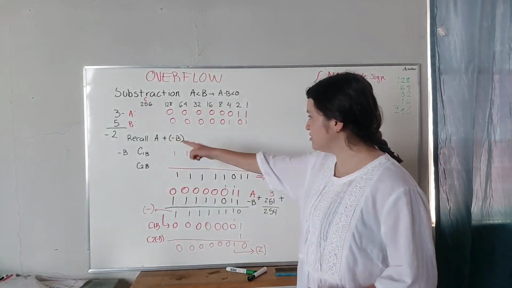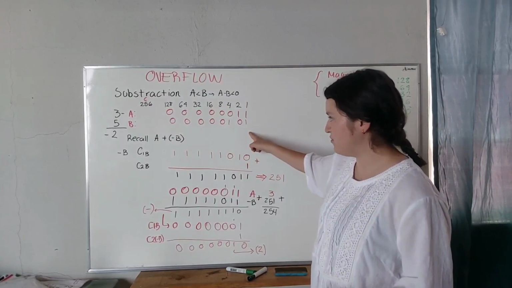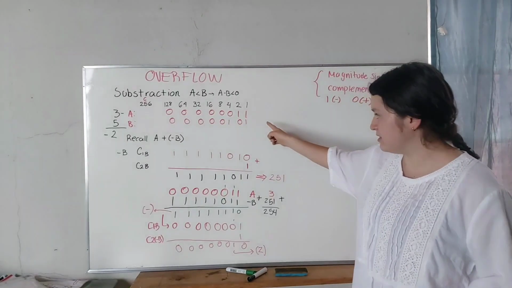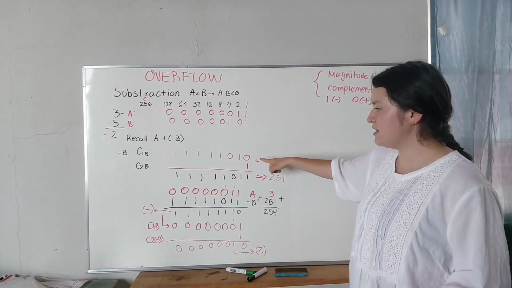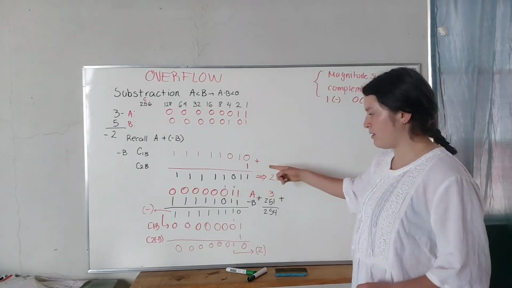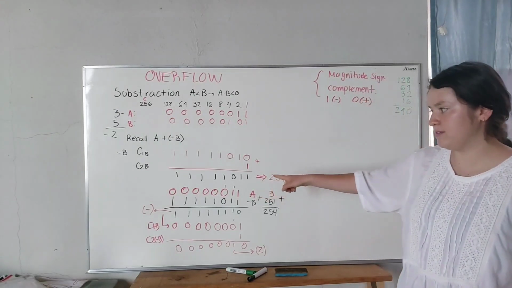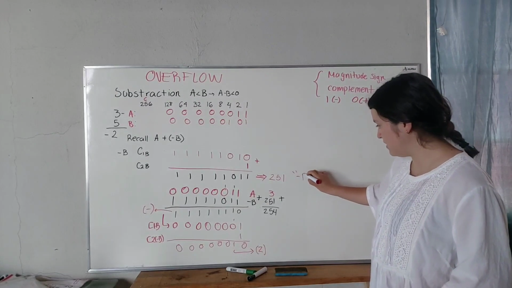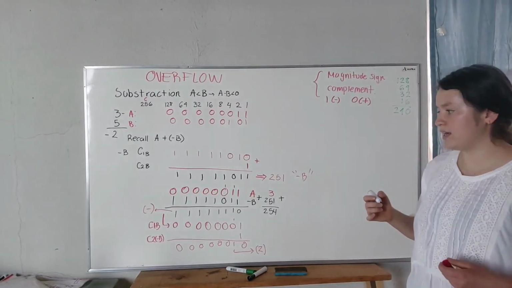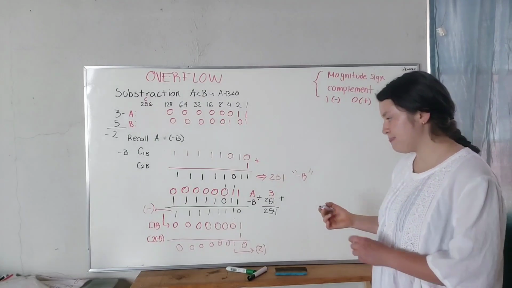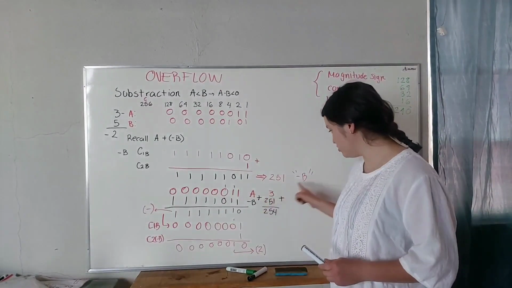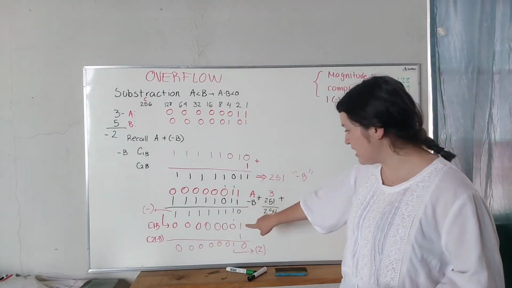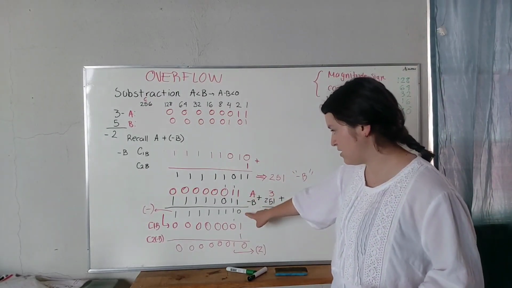B is 5. This is the representation of 5 in binary. The complement 1 is negating all those bits, and then the complement 2 is just adding 1. Here we have the complement 2 of B, which represents minus B, and now we are allowed to add it to A. We have A plus minus B, which is this whole number, and we end up with this one.